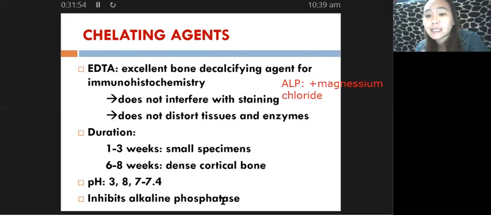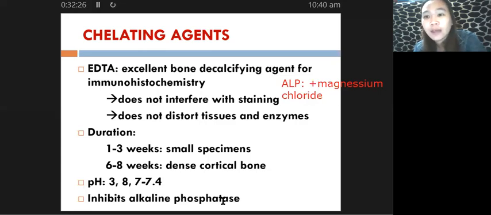However, the problem is that an alkaline, a high pH, will tend to damage alkaline sensitive protein linkages. So I repeat, pH 8 provides optimum binding, but it damages alkaline sensitive protein linkages.